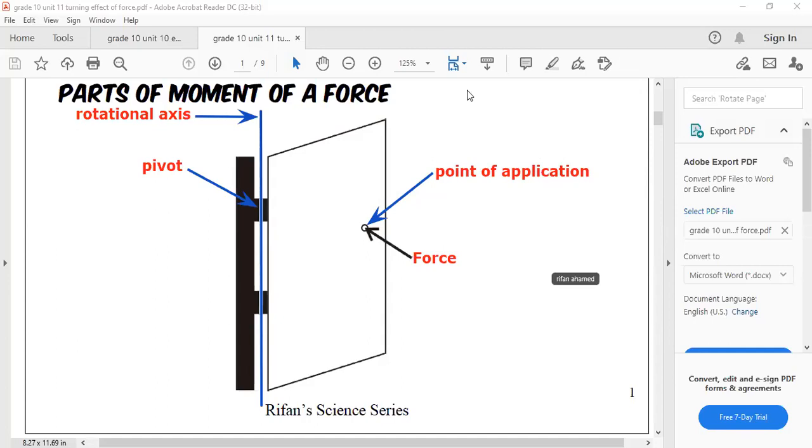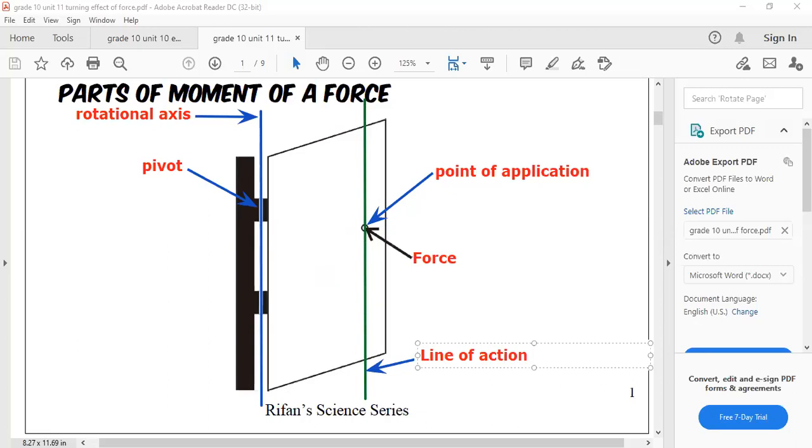Yes, sir. Now my children, if you draw a vertical line through the point of application, this line is called line of action. What is the name given? Line of action.